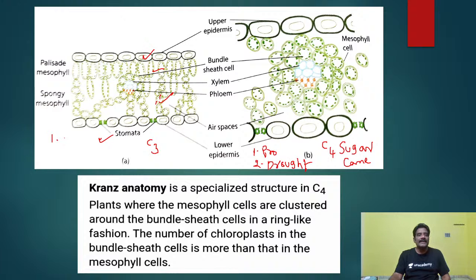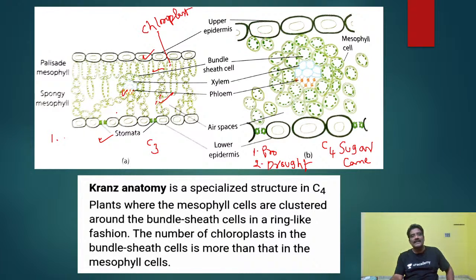The cells of the palisade tissue contain chloroplasts. You know very well that the chloroplasts present in mesophyll cells are important for the synthesis of food material. And this is a vascular bundle, formed by xylem and phloem. So mesophyll cells containing chloroplasts are responsible for synthesizing the food material.